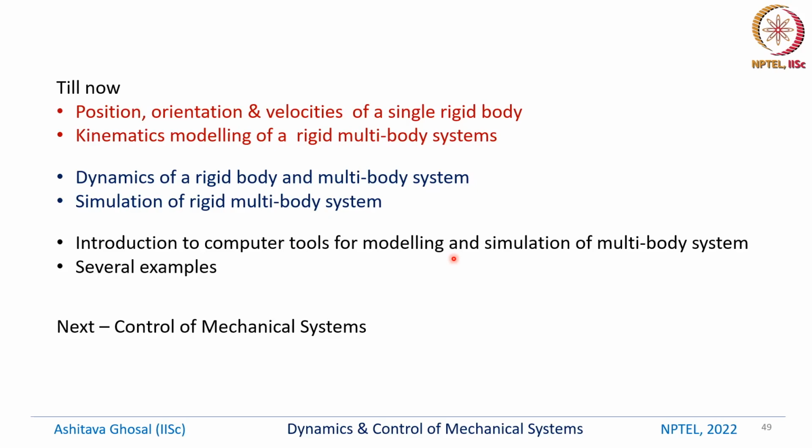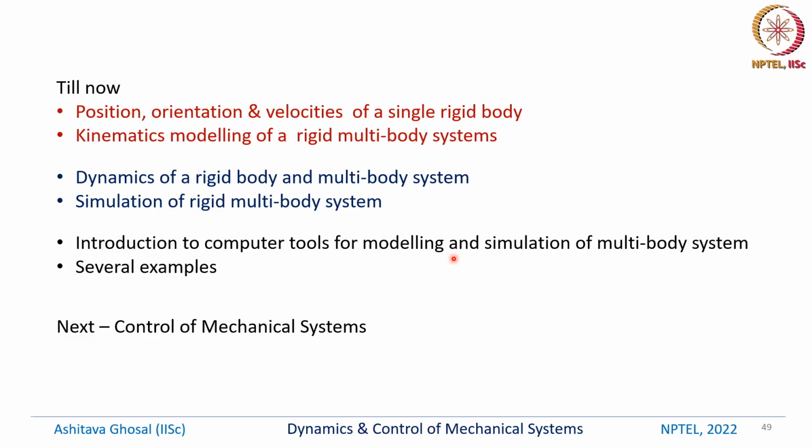I have also given you some introduction to computer tools for modeling and simulation of multi-body systems, and we have looked at many examples. Some are simple examples, but some are like a 4-bar mechanism, a rolling disc, a cart and a pole, a cart and a pendulum, or even a spinning top. So we have looked at many mechanical systems, and we have derived equations of motion, and we have simulated many of these equations of motion.